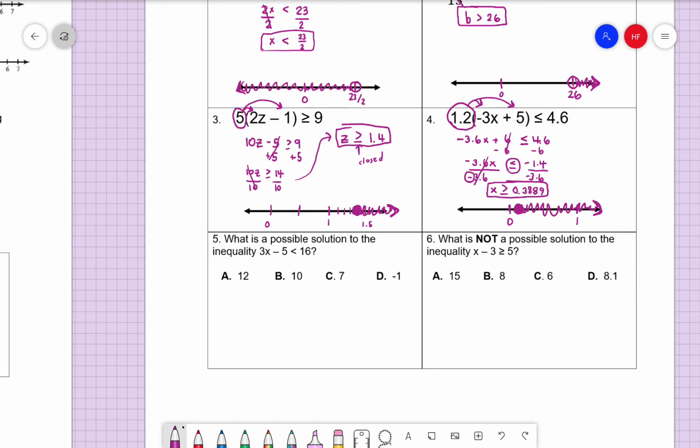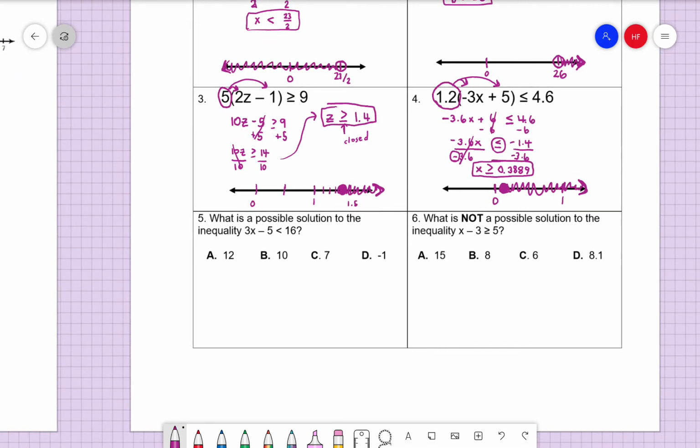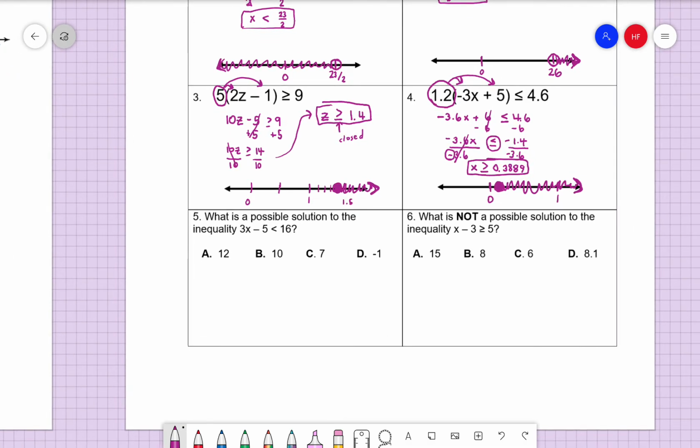Now number 5, we have what is a possible solution to the inequality 3x minus 5 is less than 16. So when you're given something like this, the easiest way to see if it is a possible solution is to plug that number straight in. So on A, we're going to plug in 12. So we have 3 times 12 minus 5, and we want to test if that is less than 16.